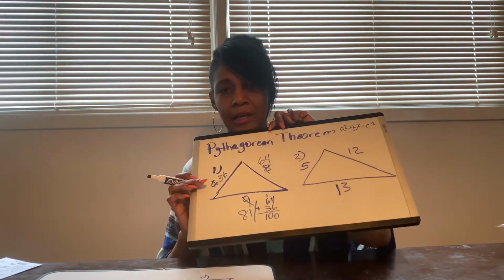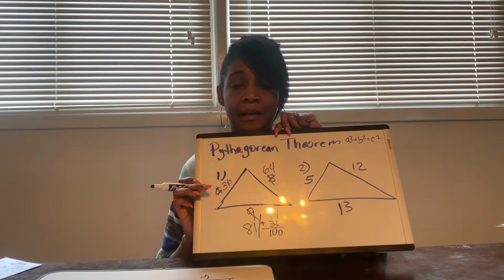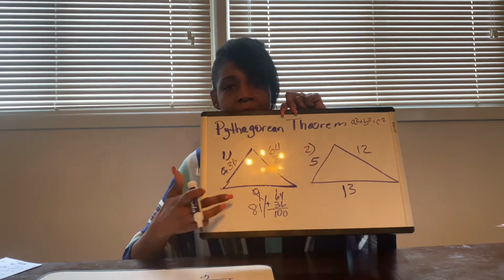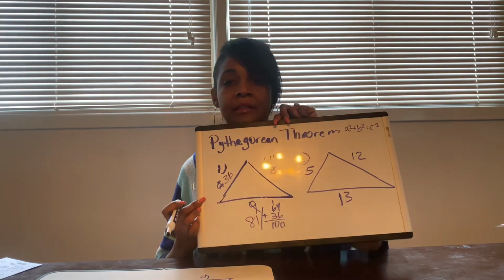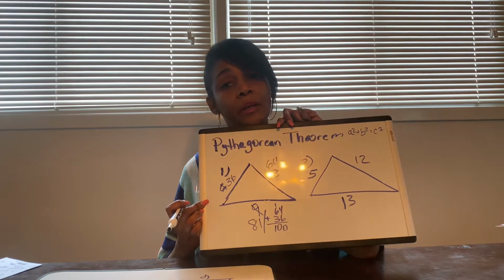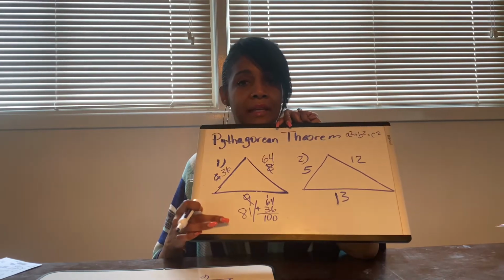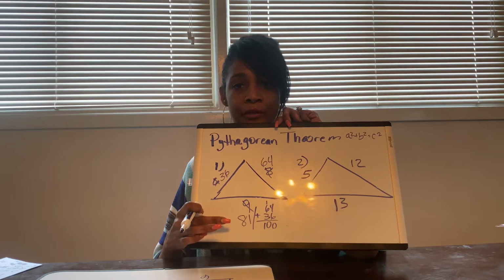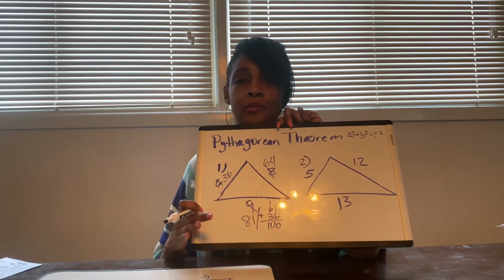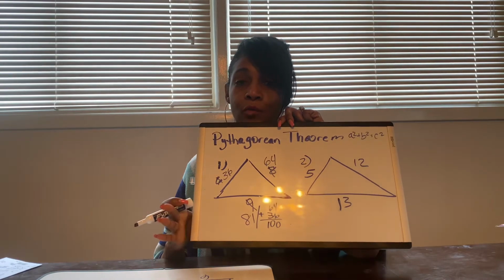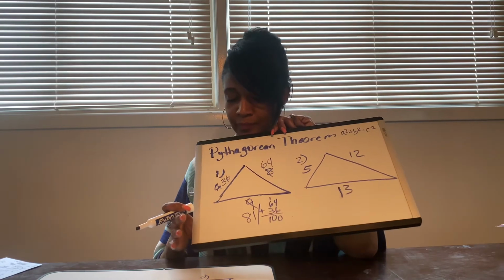And as you see, it came up to be 100. Now, when I multiplied 9 times 9, it came to be 81. 81 and 100 are not equal to each other. Therefore, the answer would be no. It does not form a right triangle, okay?